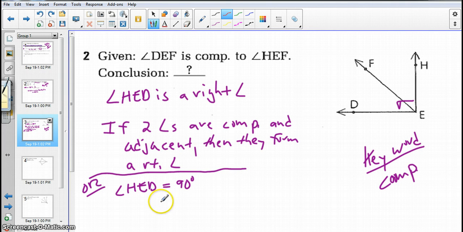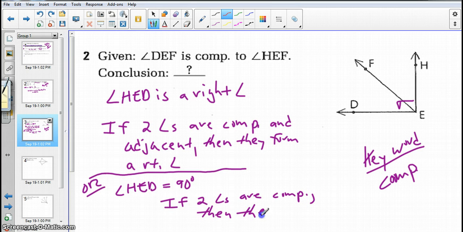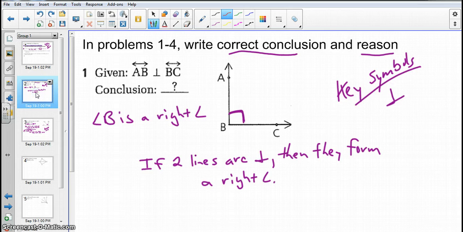And the reason for this would be if two angles are complementary, then their sum is 90 degrees. So in this problem, you could actually have two different answers, which would be direct relationship from the given. Unlike, I'm going to go back to problem 1, perpendicular, you could only specifically say angle B is a right angle based off of the definition of perpendicular. It does not say that they are 90 degrees. It says that they form a right angle.